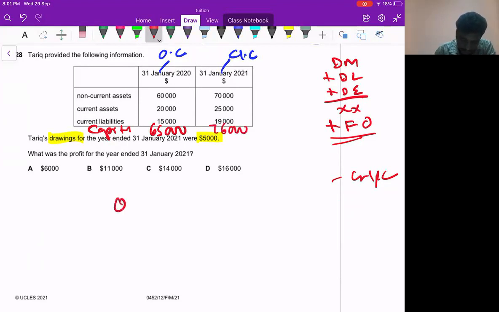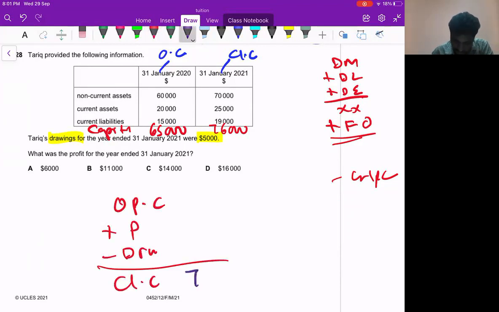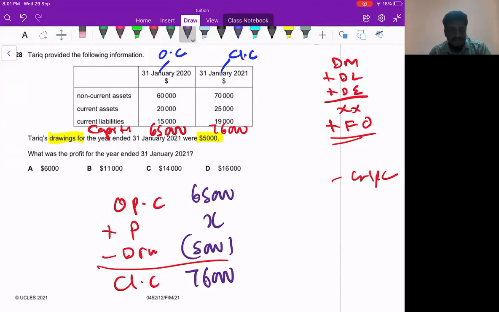So normally we take the opening capital plus profit minus the drawings, then we get the closing capital. So what information do you know? Closing capital is 76,000, opening capital 65,000, drawing is 5,000. So can you find the X? 76,000 plus 5,000 minus 65,000. I get 16,000. Answer is D.